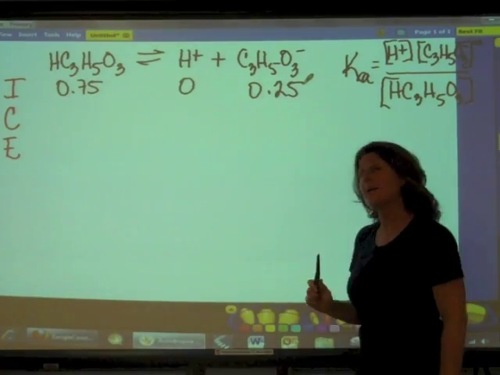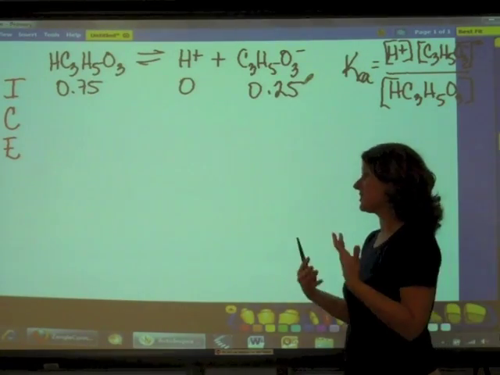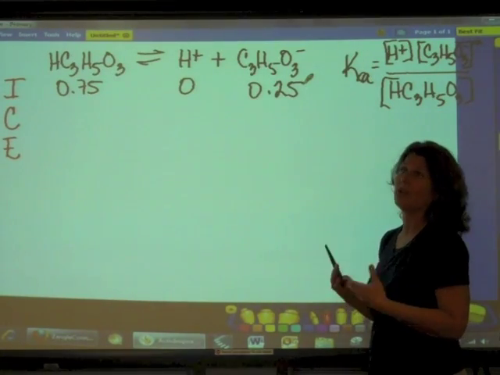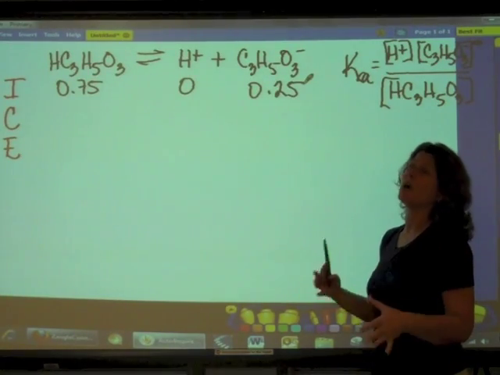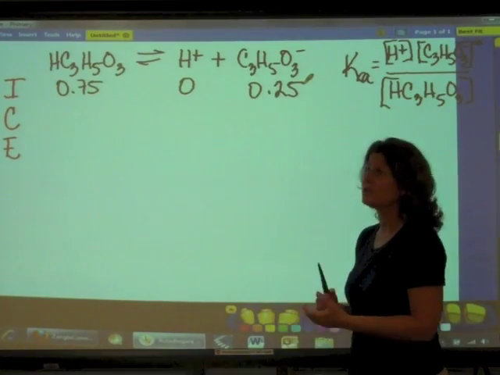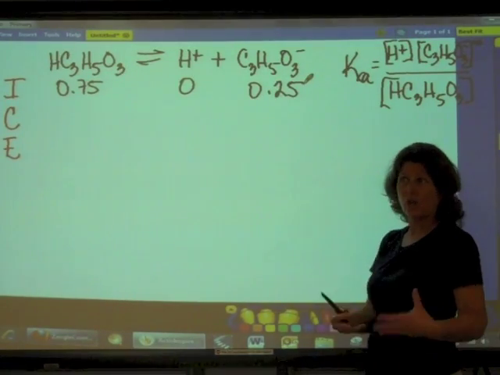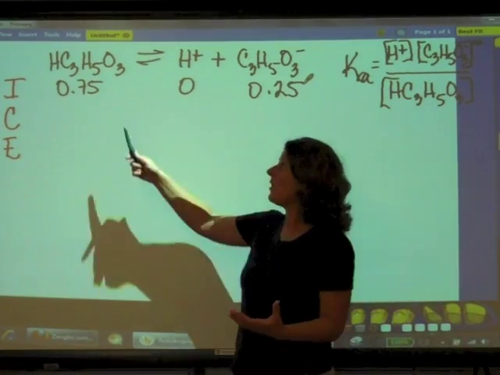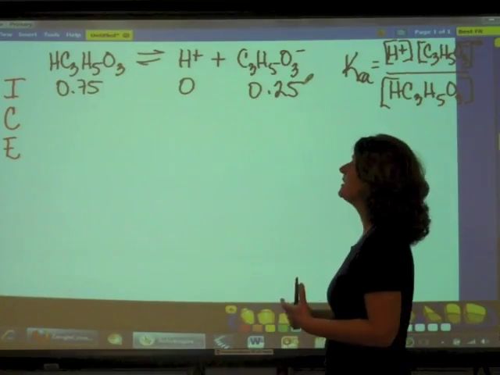So if I am adding hydrogen ion concentration, if this is some kind of physiological reaction, there's a reaction in my body that's producing a lot of hydrogen ion. If I've got the lactate ion close by, as well as lactic acid, right?